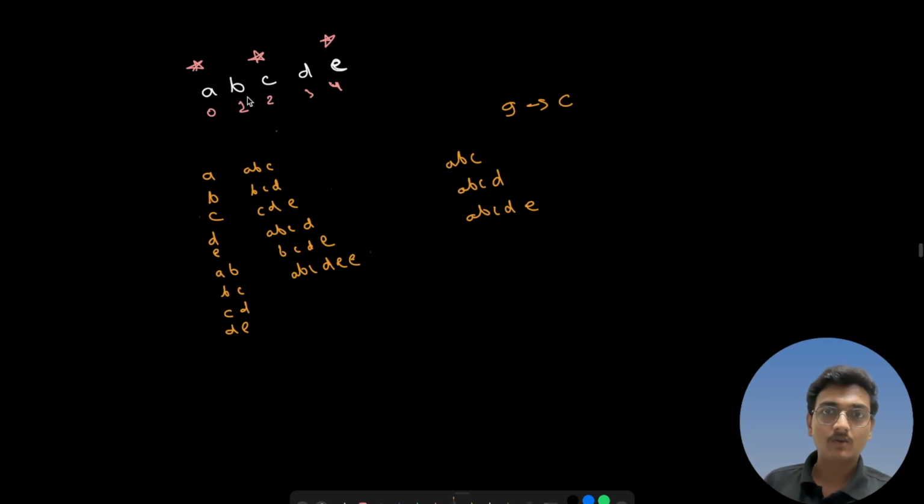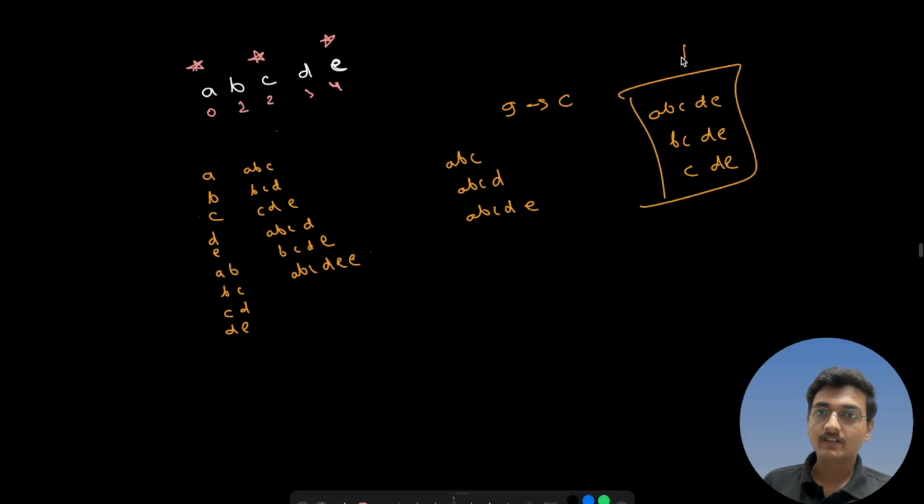Now let me calculate how many substrings are coming from E. I think one can be ABCDE, then BCDE, then CDE. So here I have three substrings which contain C and E, and here three substrings which contain A and C.